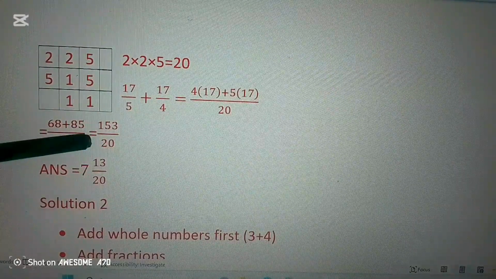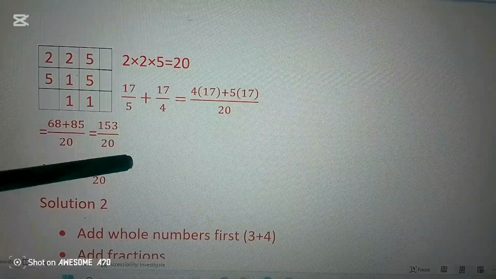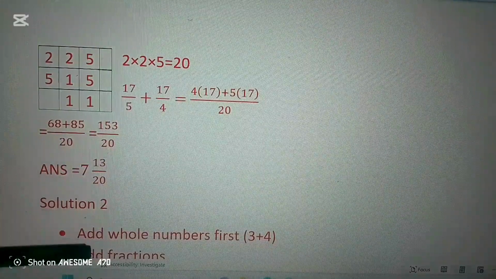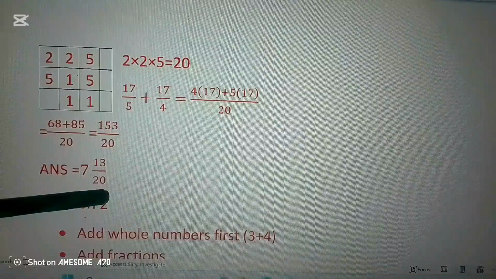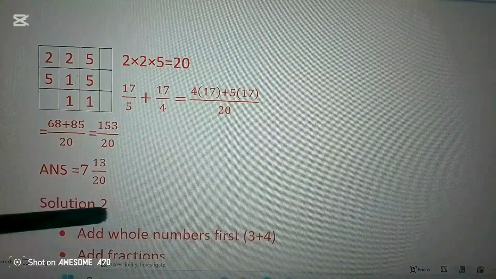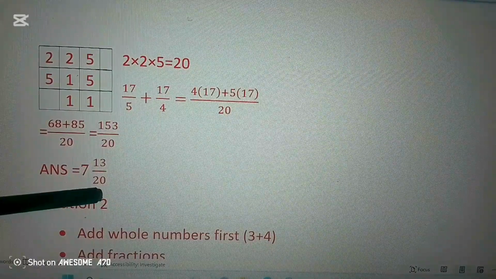How do you change it into a mixed fraction? You take 153 and divide it by 20, and you get your answer as a mixed fraction.